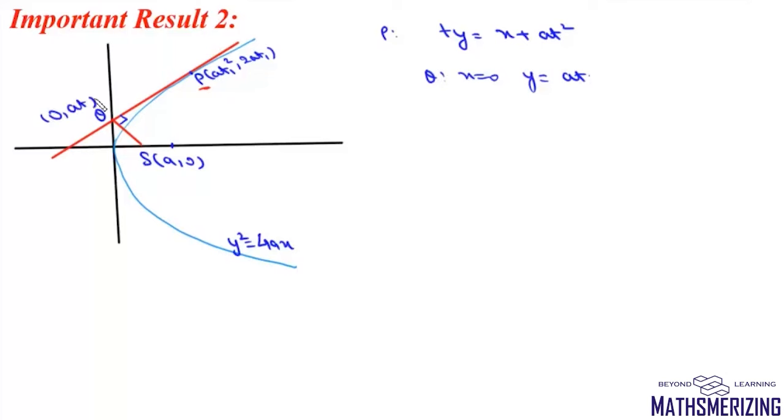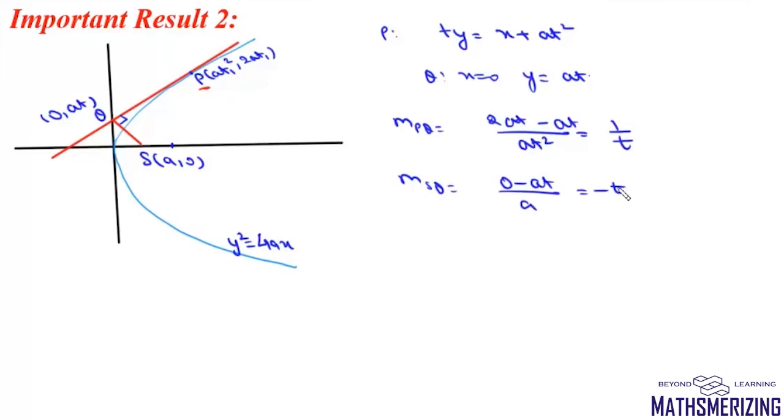We need to show that this Q is the foot of the perpendicular from the focus, or in other words, we have to prove that SQ is perpendicular to PQ. So we'll find the slope of PQ. What is the slope of PQ? It is (2at - at) upon at square. So it is 1 upon t, and the slope of SQ will be (0 - at) upon a, and it is -t.